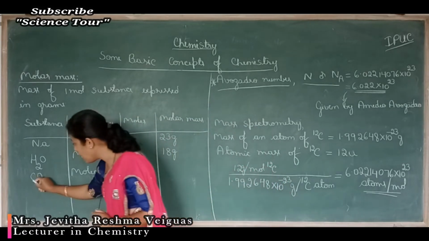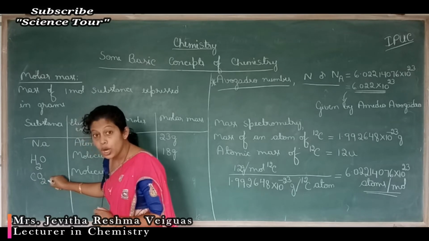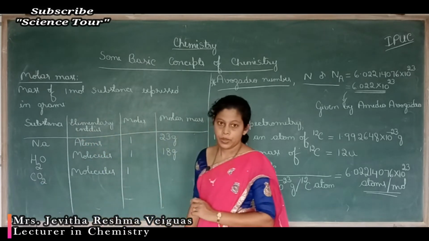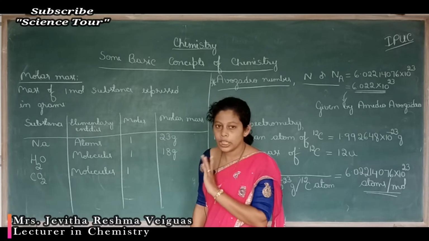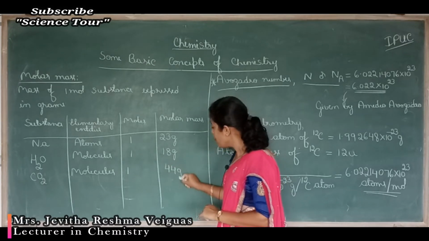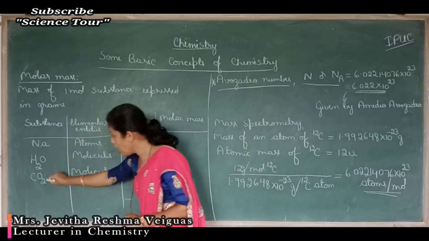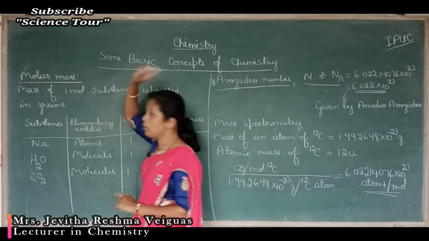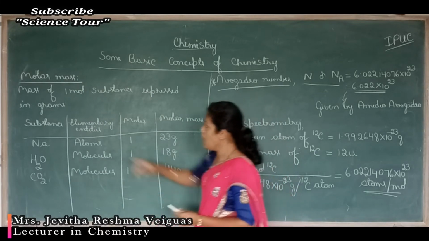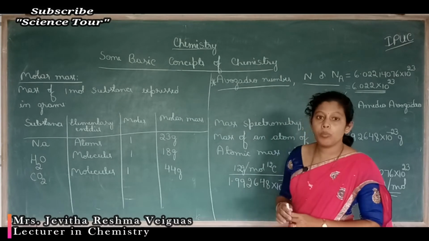Atomic mass of carbon is 12. Atomic mass of oxygen is 16, so 2 into 16 is 32, plus 12 is 44 grams. So 44 grams is the mass of 1 mole of carbon dioxide. Hence it is called molar mass. So the mass of 1 mole of a substance expressed in grams is molar mass.